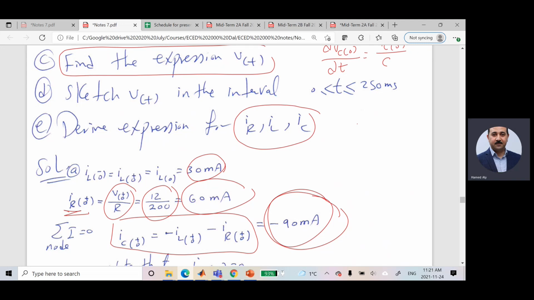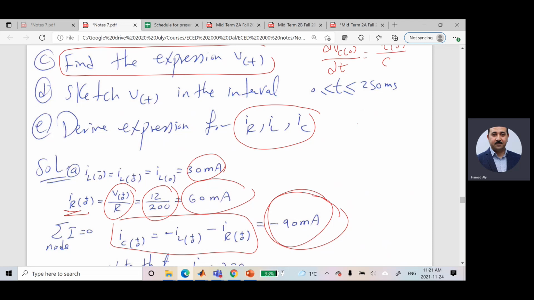Why did I ask you to derive expressions? Because these expressions will be functions of time. They will not be constant values. From today, we are going to see the current or the voltage as a function of time, not only constant.